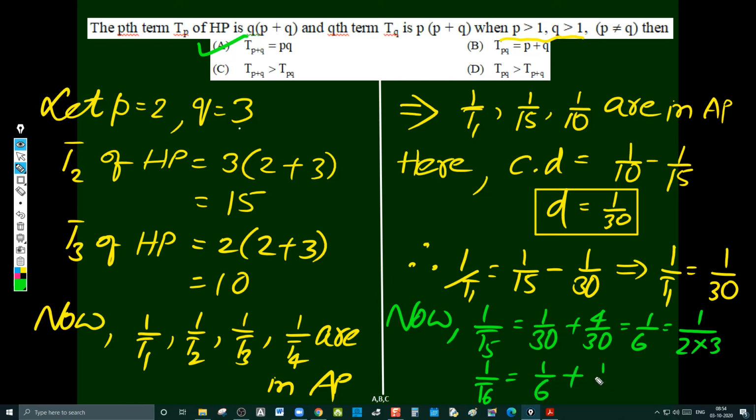What is LCM? 30 LCM. And you'll get 6 by 30. It is 1 by 5. It's nothing but 1 by 2 plus 3. Just check it out. So this is TPQ. T6 is equal to 2 plus 3. That means summation. This is also correct.